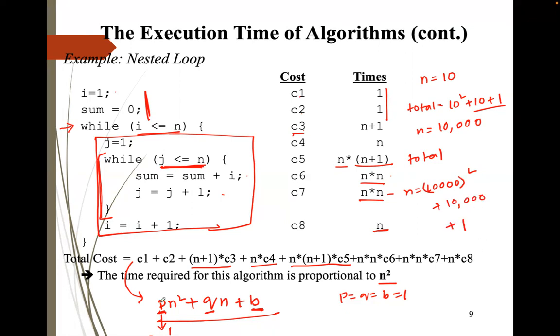So for the constant values P, Q, and B, it doesn't matter how large the value is, our runtime is going to change significantly depending on the input size. Here you can see how our total cost is going to increase if our input is increasing. In this case, the time required for this algorithm is proportional to n square.